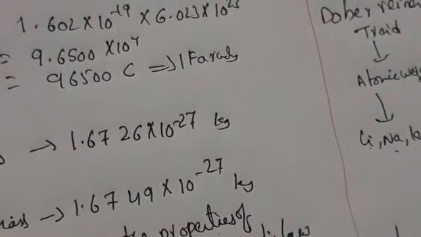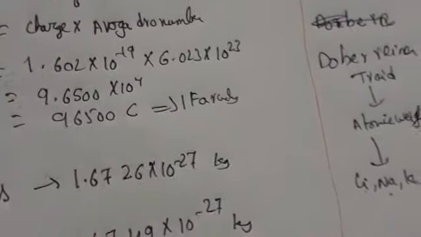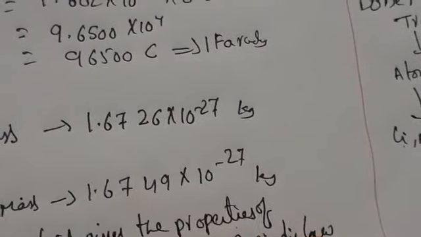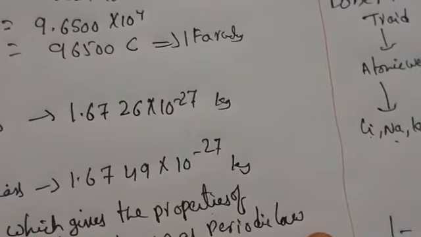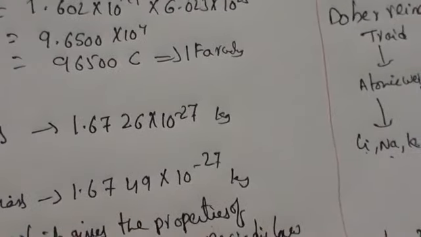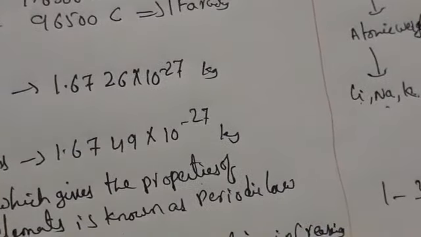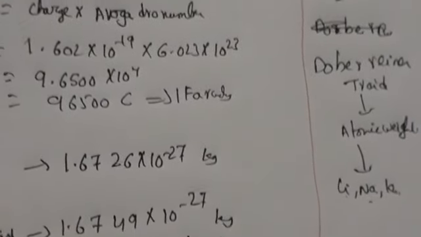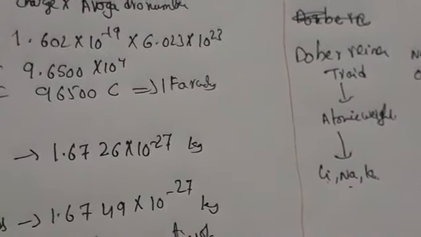Hydrogen has atomic number 1, helium has atomic number 2, lithium 3, and so on. These are the atomic numbers you have to learn for the 1 to 30 elements.